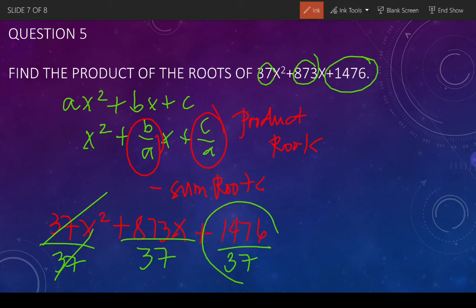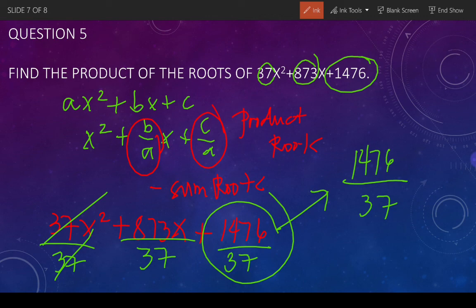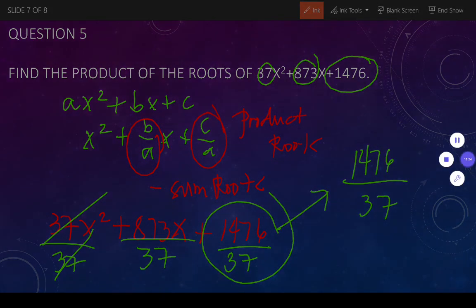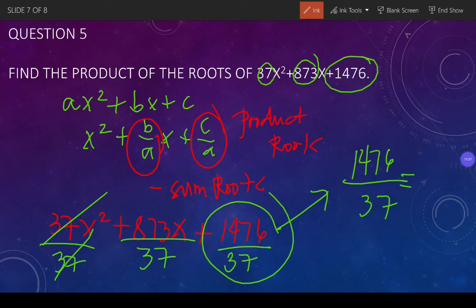And then this will be the product of the roots. We have 1476 over 37. Or we have 39 and 33 over 37. So this will be the product of our roots.